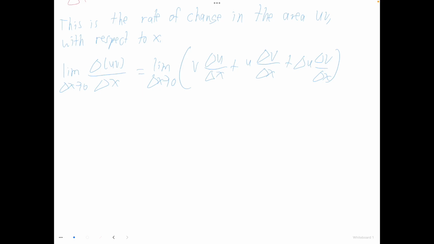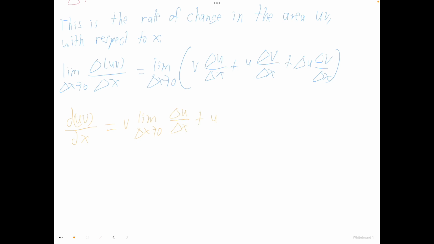So now on the left-hand side, that's just going to be the derivative of u times v. That's just the definition of the derivative of u times v with respect to x. Now we can break the right-hand side into pieces. And so we're going to have v times the limit as delta x goes to 0, because the value of v doesn't depend on the change in x, but delta u over delta x does.